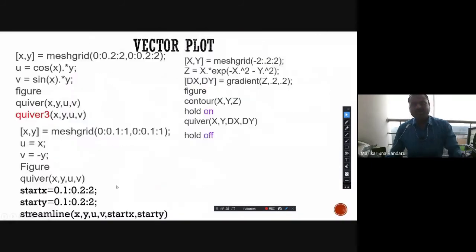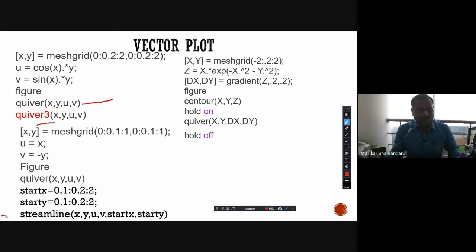Okay, so regarding the vector plots, I'm just giving the information here. What are the different syntaxes? There are syntaxes like quiver. This is one of the syntaxes for vector plots. Either you draw the same vector plots in three dimensions, or streamlines.